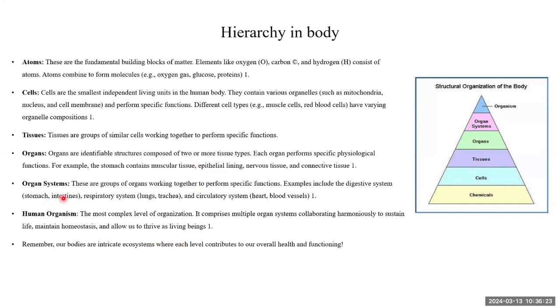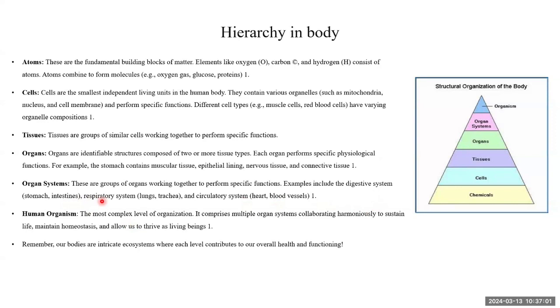Next is the organ system. These are groups of organs working together to perform specific functions. For example, the digestive system starts from our oral cavity, then comes our esophagus that delivers food from the oral cavity to the stomach. Then there are the small intestine and large intestine. Plus, the liver is also involved in digestion, because it secretes bile salts that help in digestion of fatty foods.